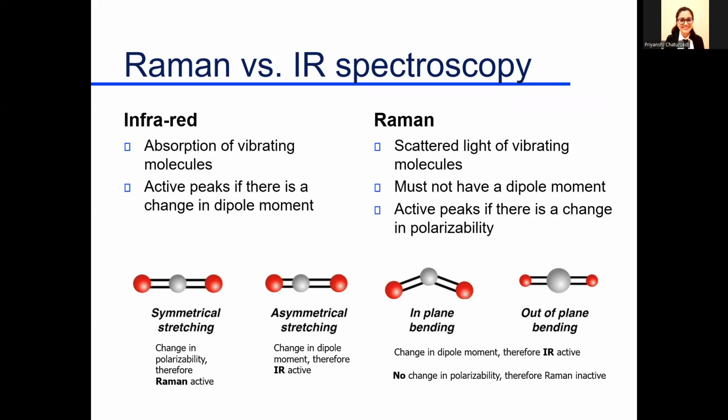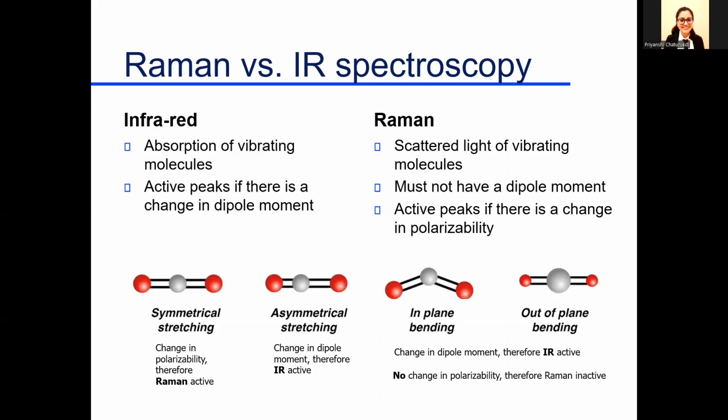Okay, so scattered light of vibrating molecules, it must not have a dipole moment. Active peaks if there is a change in polarizability. So how it's going to shift that light, how it's going to interact with the light. So symmetrical, Raman active. Asymmetrical, IR active.